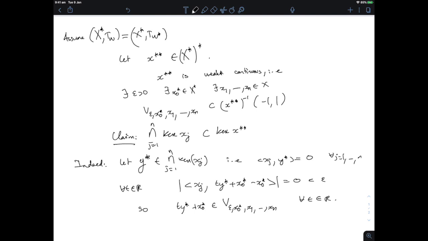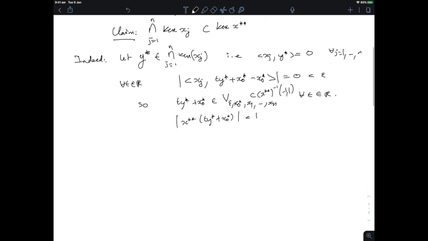Okay, but now remember that this is included in x double star inverse of minus 1, 1. So that is to say that x double star of ty star plus x0 star has to always be smaller than 1.